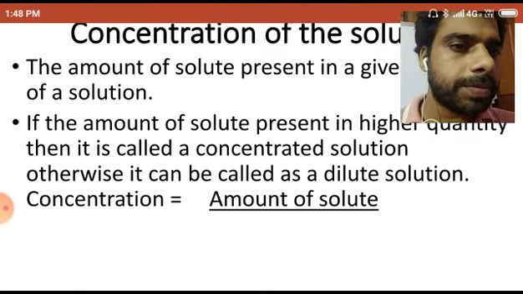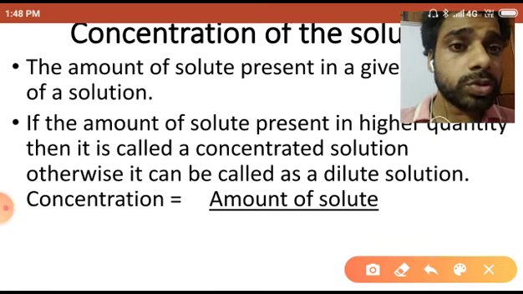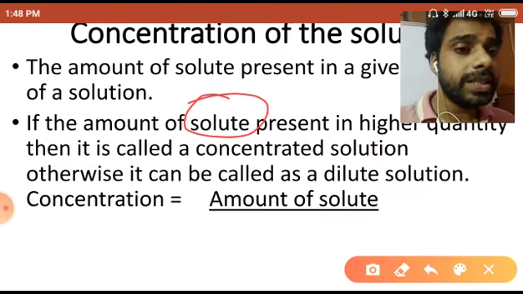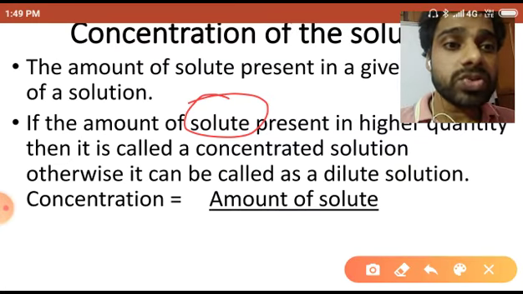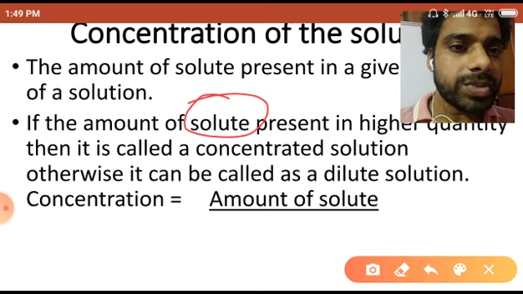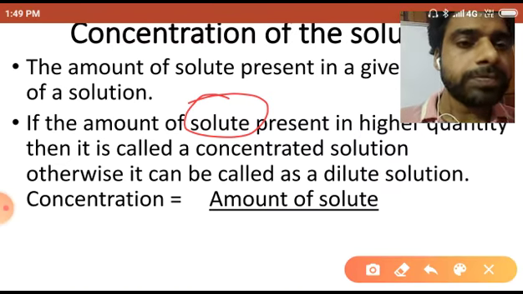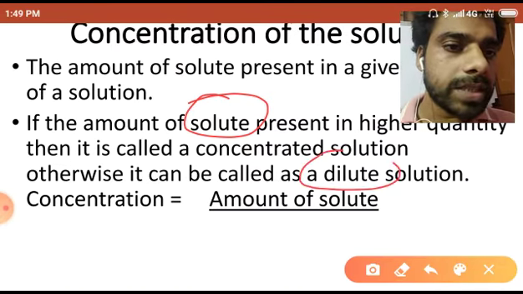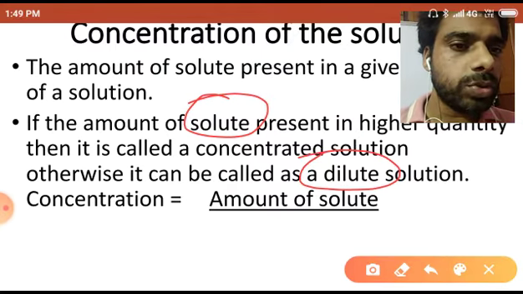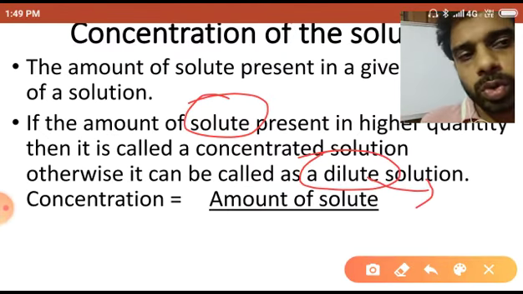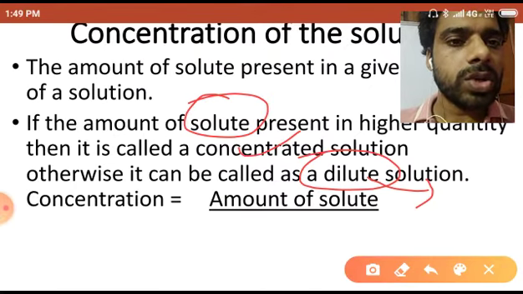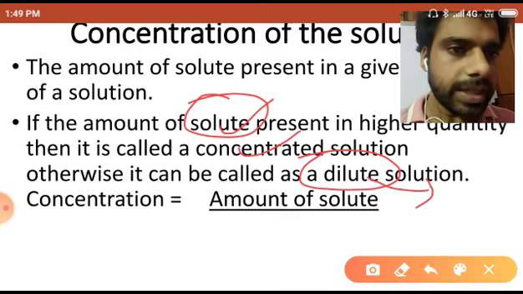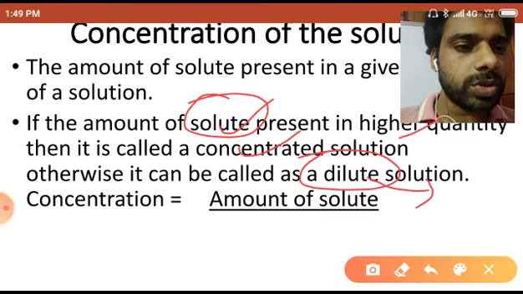But if the solute is present in the solution in a lesser amount, and the solvent, that is water, is in greater amount, then it can be called a dilute solution. That means in a dilute solution, the solute will always be in lesser quantity, but in a concentrated solution, the solute would be in higher quantity.